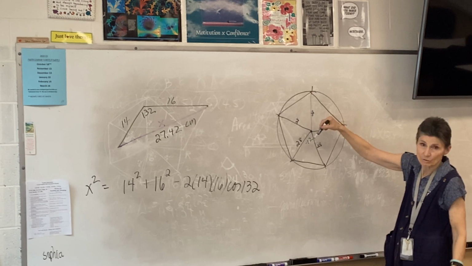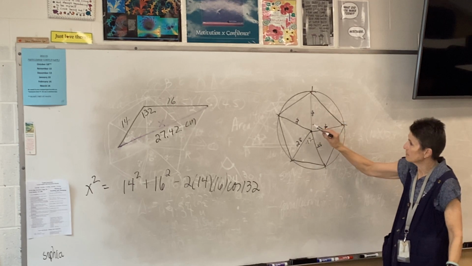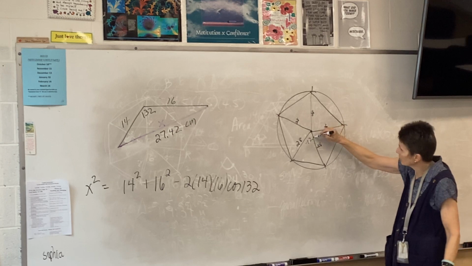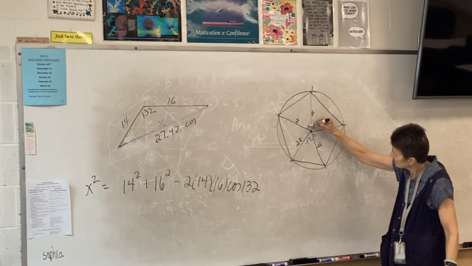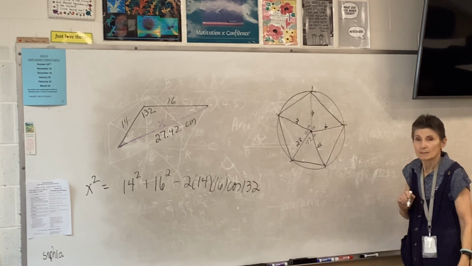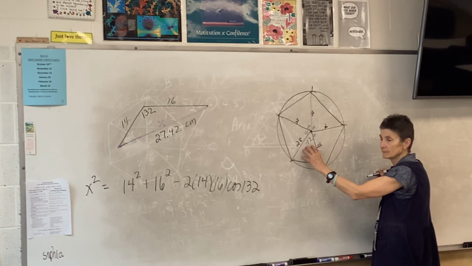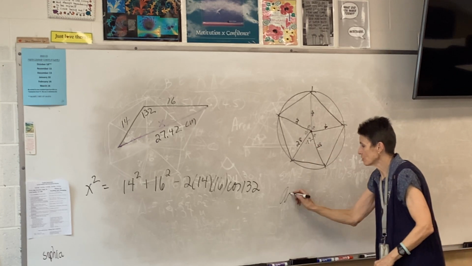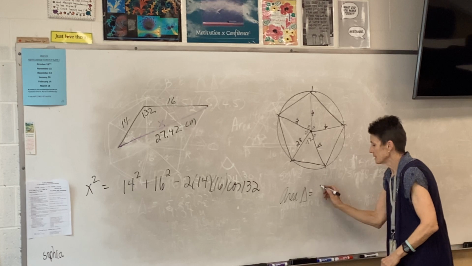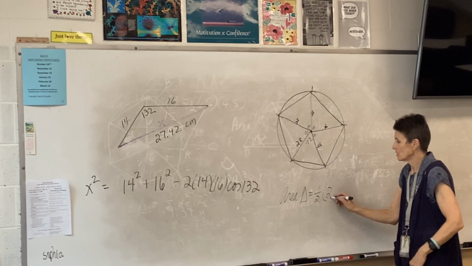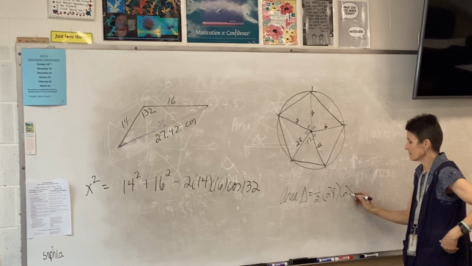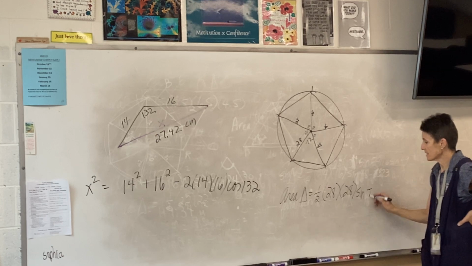A revolution is 360. We've divided it up into 5 pieces. These are all 72s. Now, see this triangle right here? The area of the triangle is 1/2 times 28 times 28 times sine 72.